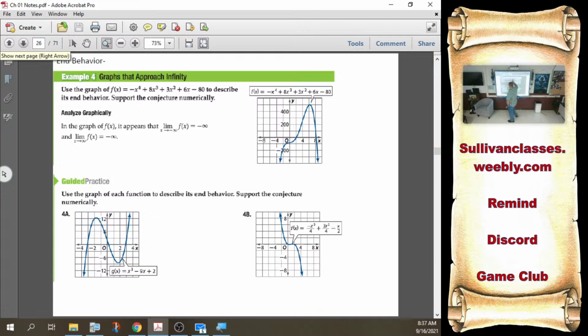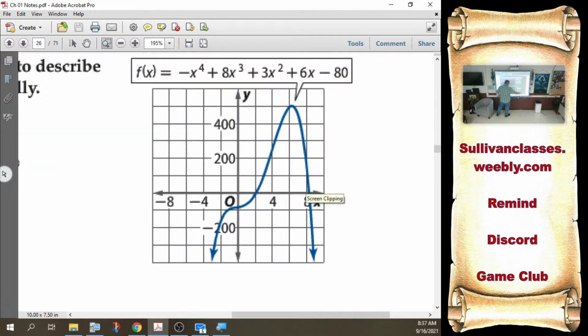So, end behavior is a limit as you approach plus or minus infinity. The limit of this function as x approaches infinity. Now remember, limits, we were saying you'd have to come at it from both sides.